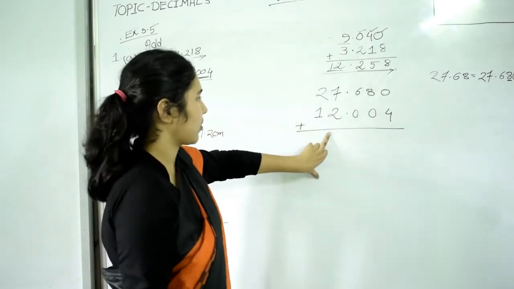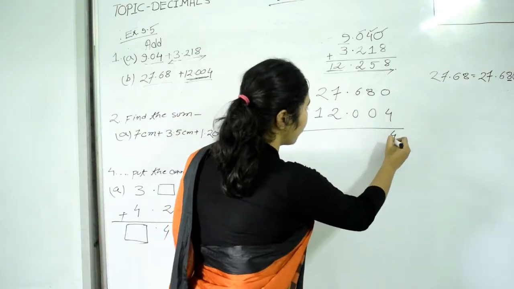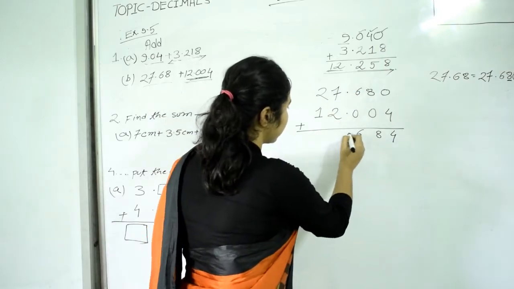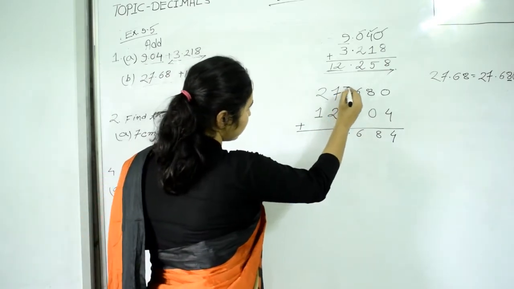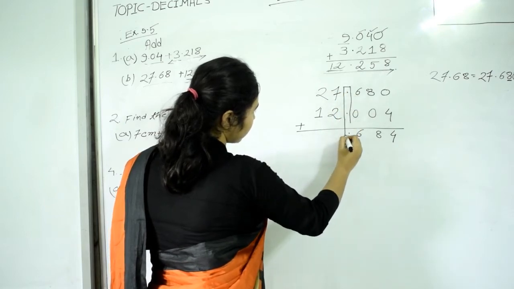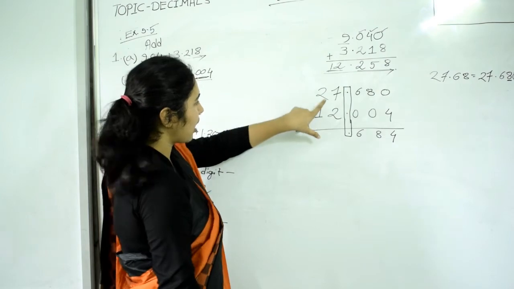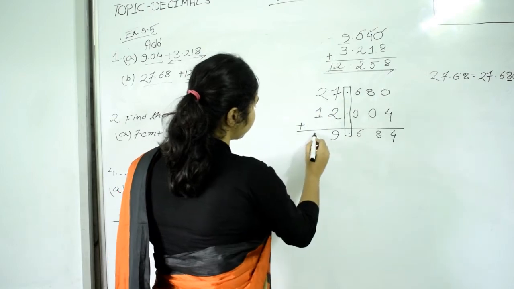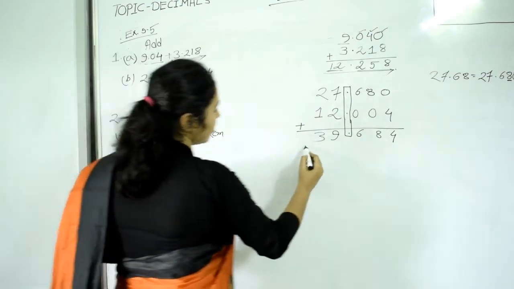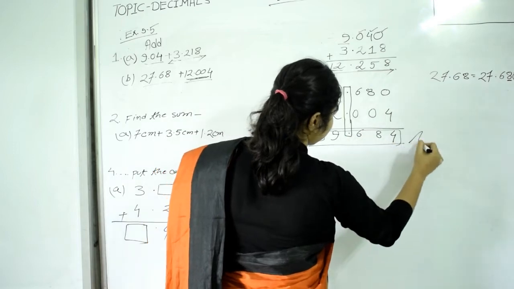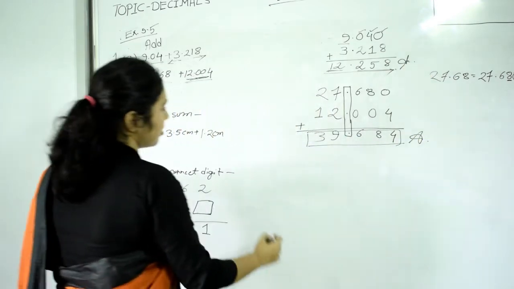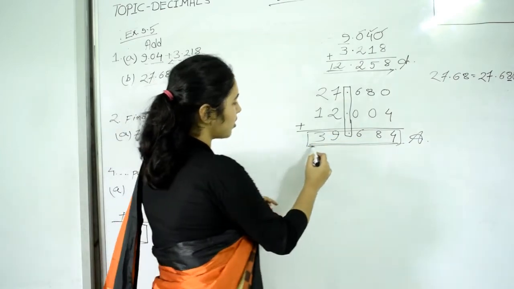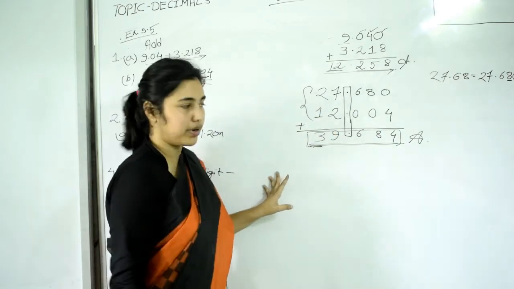Now add 4 plus 0, 4, 8 plus 0, 8, 6 plus 0, 6. Point, just under these 2 points. Okay? Now add the whole number part. 7 plus 2, 9, 2 plus 1, 3. So, this is our answer. This is the sum of these two numbers. 39.684 is our sum.